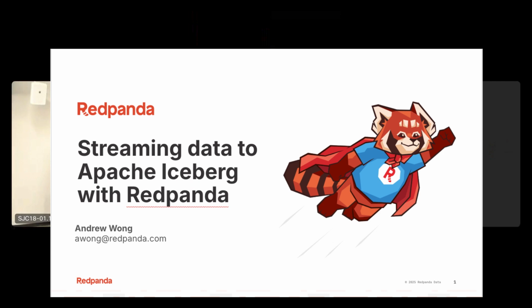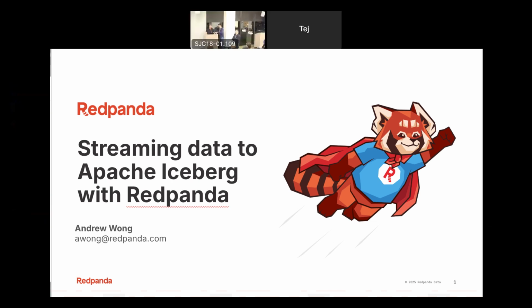Thanks for your presentation. First of all, I want to ask, can the Iceberg topic support streaming reads from the Iceberg table? Not directly from the table itself as Stream Native does, but as data is written to Kafka or to Redpanda through Kafka, you're able to stream that data through the Kafka API.